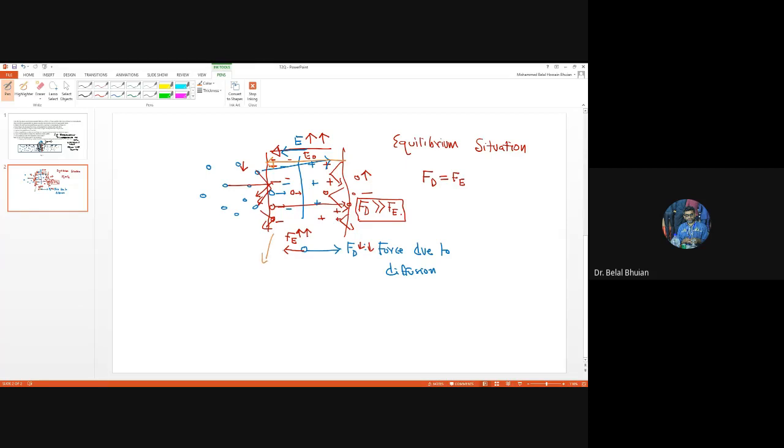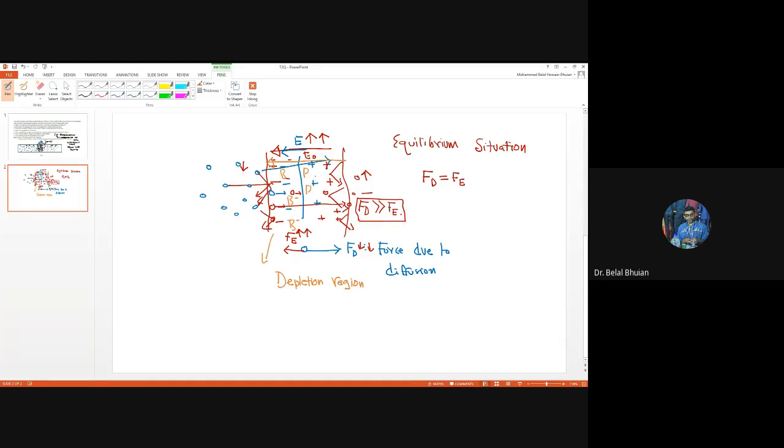Depletion region. Why do you call it the depletion region? Because on the p side of the depletion region, it's all negative charge due to the exposed boron ions, and on the n side of the depletion region we have positive charge due to the exposed phosphorus ions.